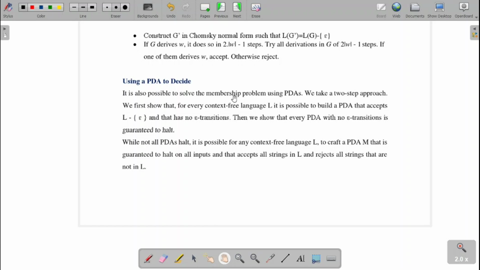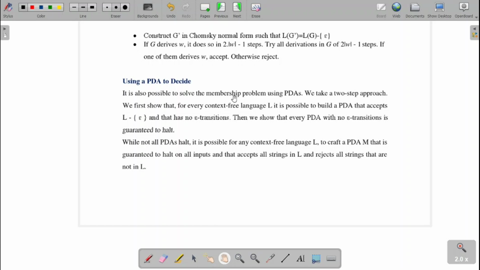So it is also possible to solve the membership problem using the PDA, but it will take a two-step approach. In the first step, we show that for every context-free language, it is possible to build a PDA that accepts the language minus epsilon and has no epsilon transitions. That PDA we convert into the context-free grammar by using the algorithm which converts the PDA to the context-free grammar.